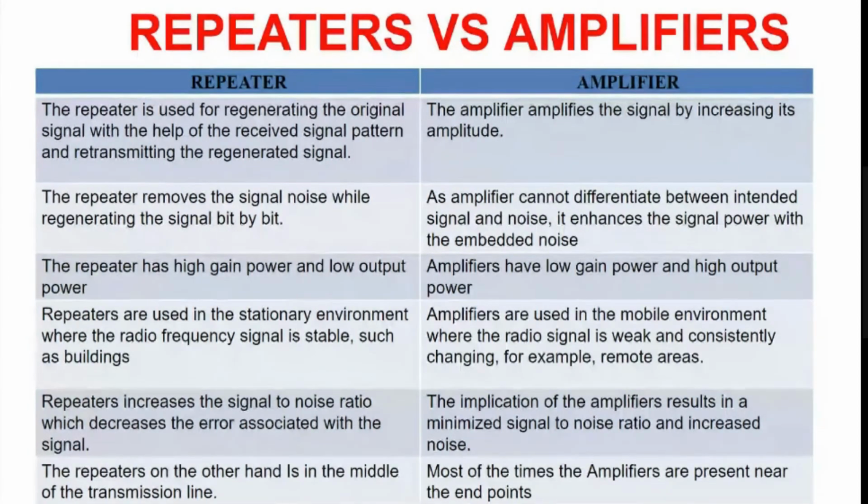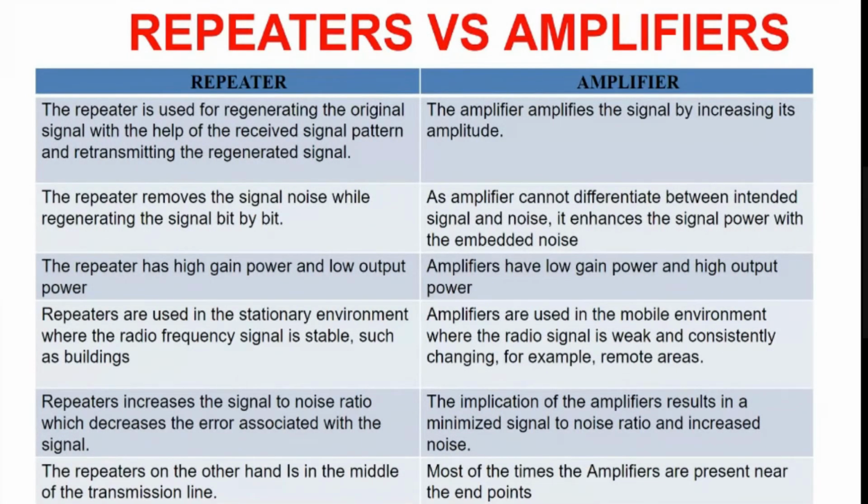But on the amplifier side, an amplifier cannot differentiate between the intended signal and noise. Whenever the signal is too weak, it automatically boosts it up, including the noise. That is the job of the amplifier.